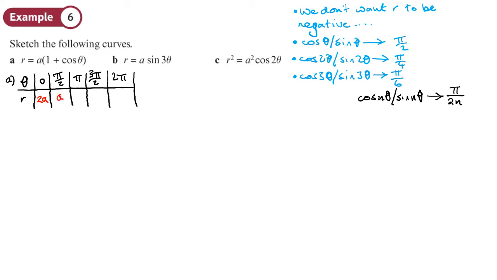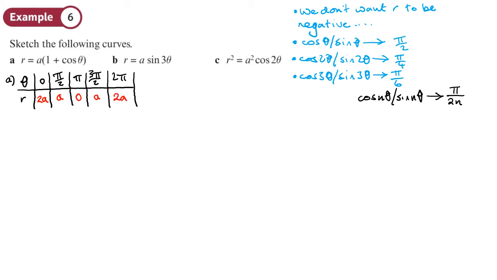If I do 1 plus cos pi, I get 0, so a times 0 is just 0. Then if I do 1 plus cos 3 pi over 2, that's going to give me 1, so a, and then I work out the last one, 1 plus cos 2 pi, which is 2, so I get 2a.